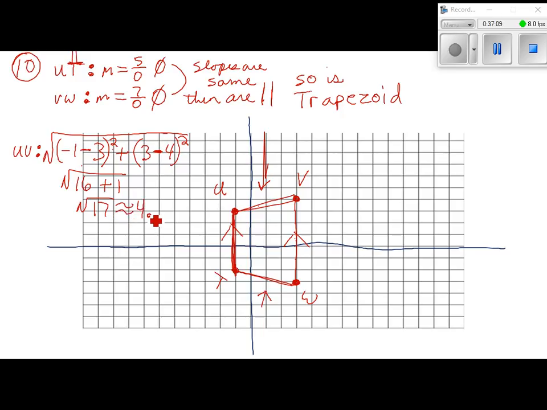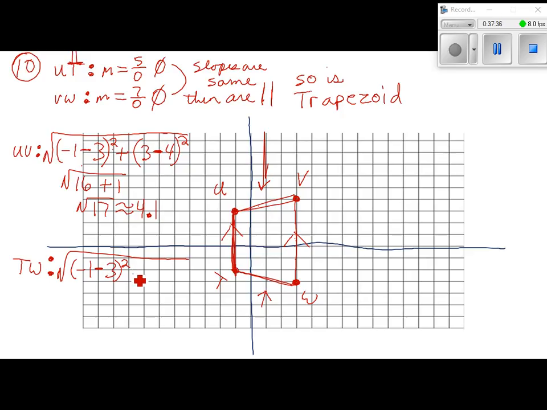You didn't really have to, because all you're trying to do is show that the other segment is the same length. So we take the other segment, which is TW, and we're going to do the same distance formula for it. I'm probably going to do it a little quicker this time. For T and W, our x's are -1 minus 3.